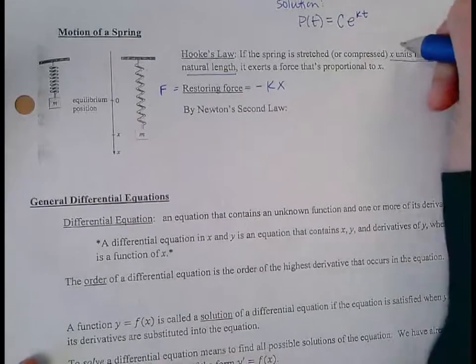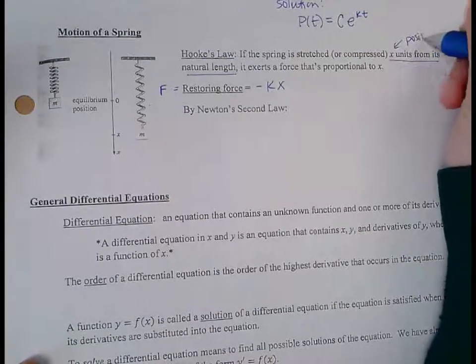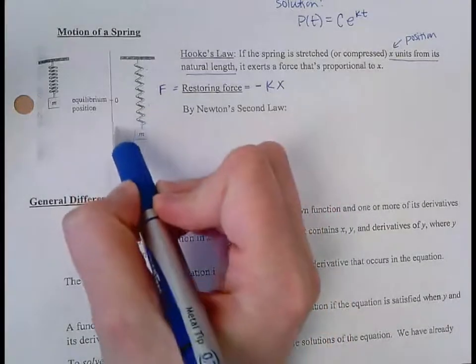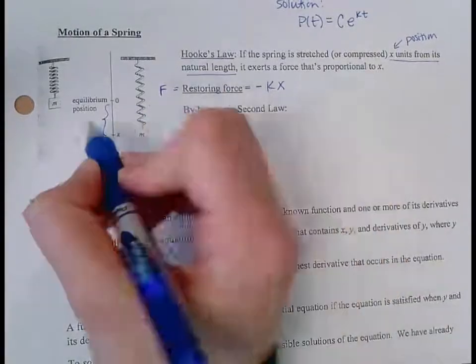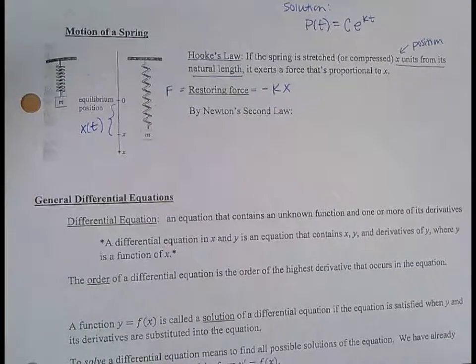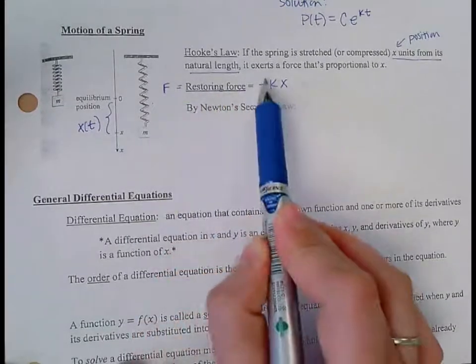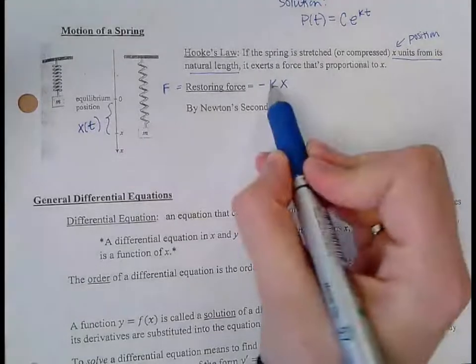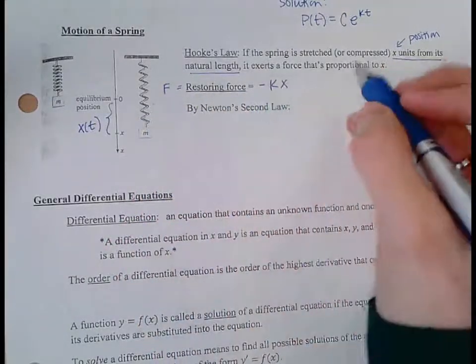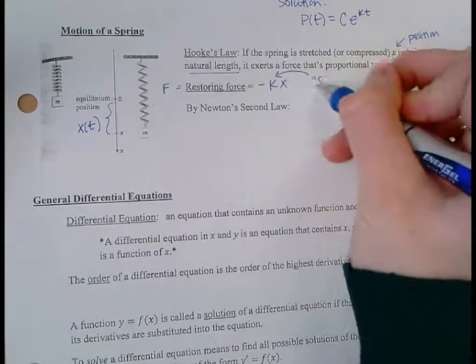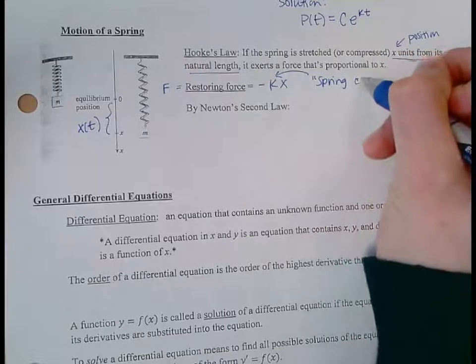So x here would be representing position. And x, again, would be a function of time. It'd be x of t. X is your function. But this is the formula that goes along with Hooke's law. You don't need to have that memorized for any reason in this class. In this formula, though, k is called the spring constant.